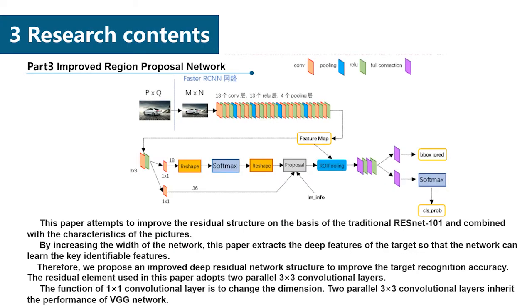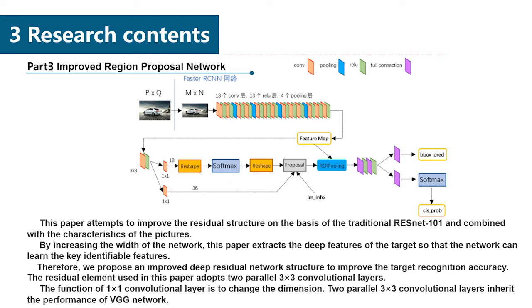Part 3. Improved region proposal network. This paper attempts to improve the residual structure of the traditional ResNet 101, in accompaniment with the characteristics of the picture. By increasing the width of the network, this paper extracts the deep features of the targets so that the network can learn the key identifiable features.